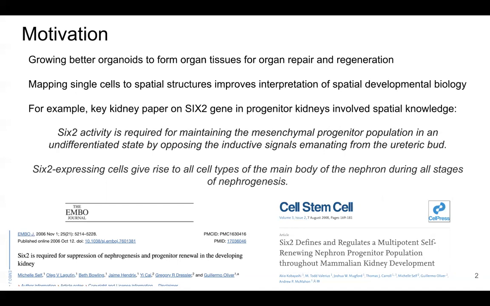So what I mean by this is, for example, the gene called SIX2, which is a key gene in kidney development. And this was only uncovered through better understanding the spatial biology of the kidney. I show 2 quotes from the 2 papers below, and you can read more into it, and I provide the titles and the DOIs in the images.